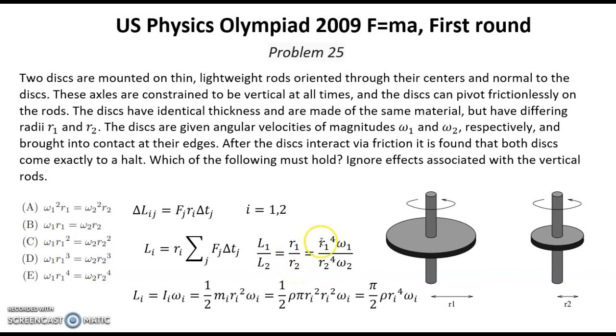We can cancel r1 and r2 once, and finally we have this relation. We have r1 cubed multiplied by omega1 equals r2 cubed multiplied by omega2. This is the solution, and that's answer number D. Correct answer.